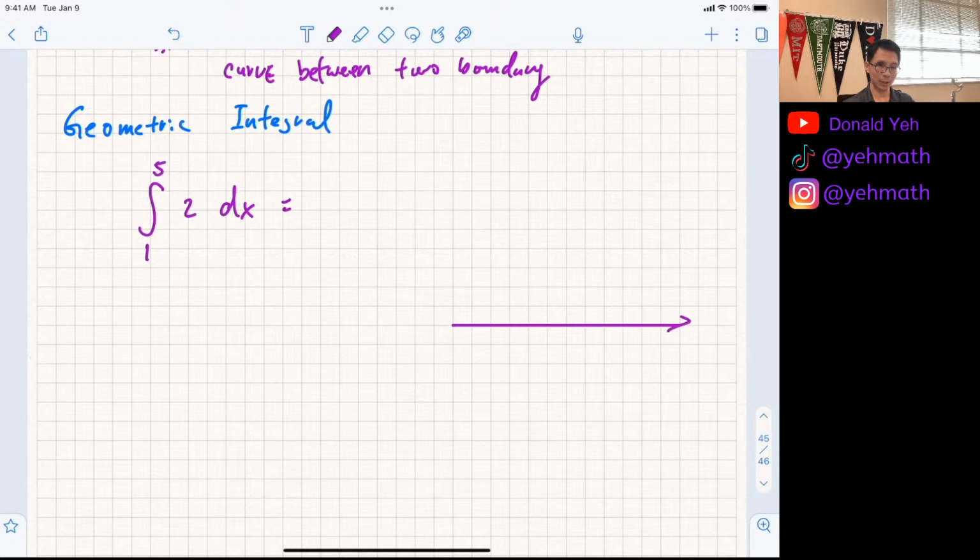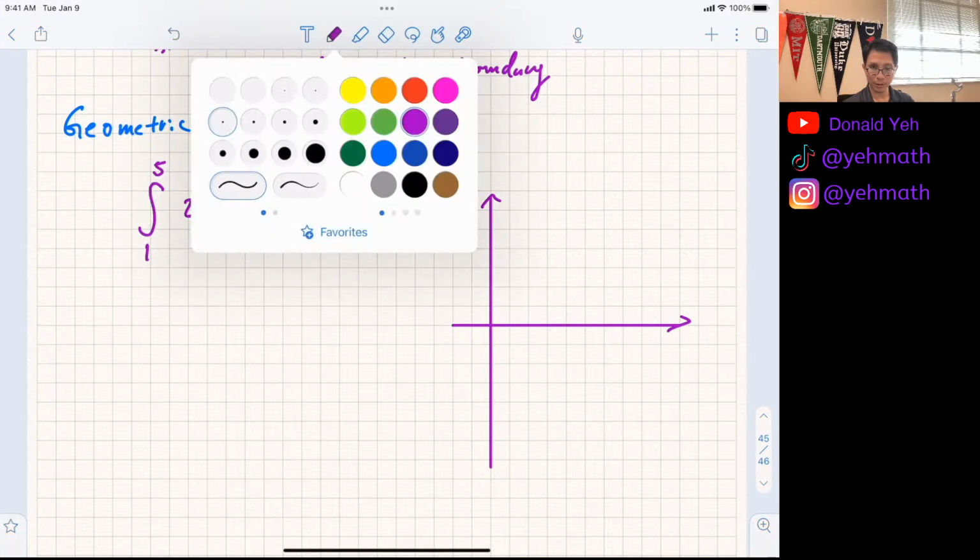So what is the function here? The function is 2.